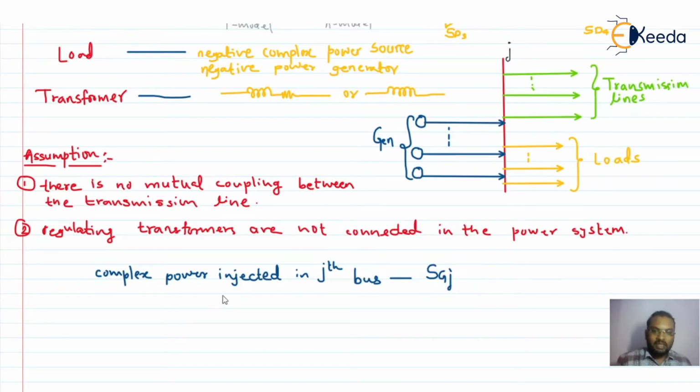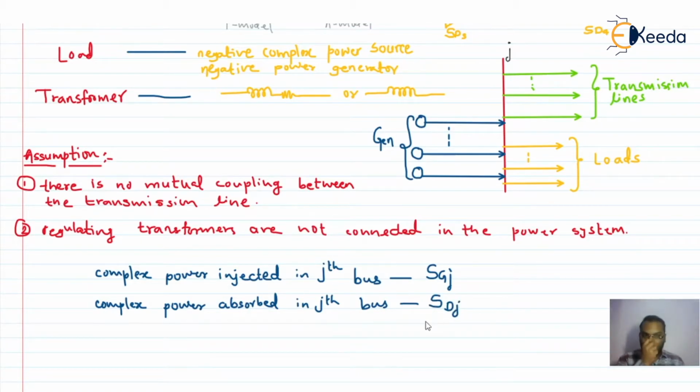As it is injected, that is why I'm using SG. The complex power absorbed at the jth bus, it will be SDJ.